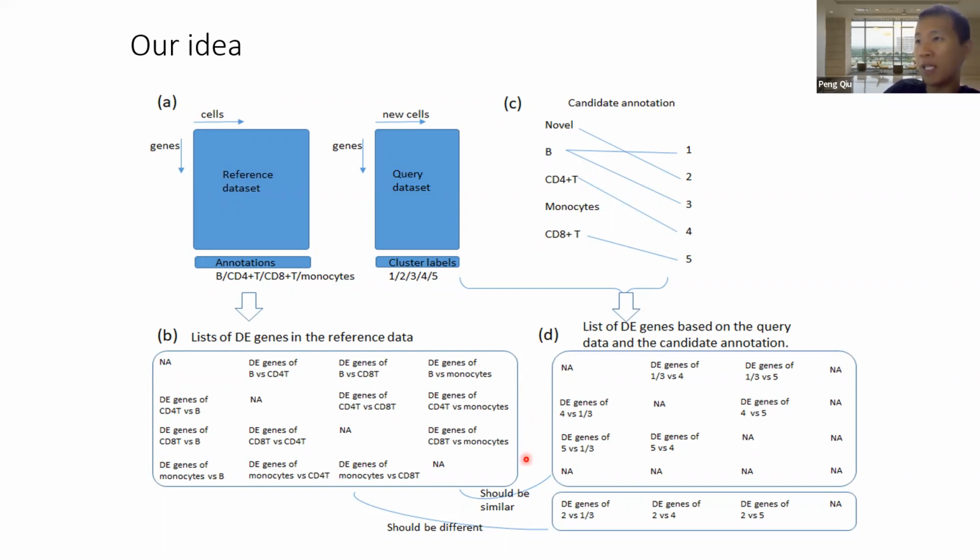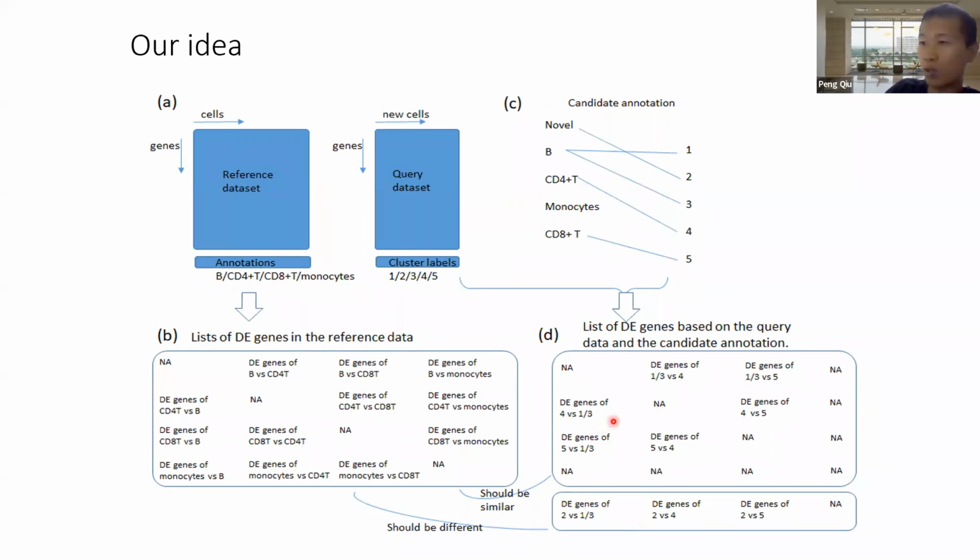Now, once we have this scoring function to evaluate how good a candidate annotation is, the next question is, we can search the space of all possible annotations and identify the annotation constellation that optimizes the similarity here and the differences here. And that is the annotation that we want to suggest. This optimization is actually a fairly difficult computer science problem, but we do have a heuristic that can solve it.